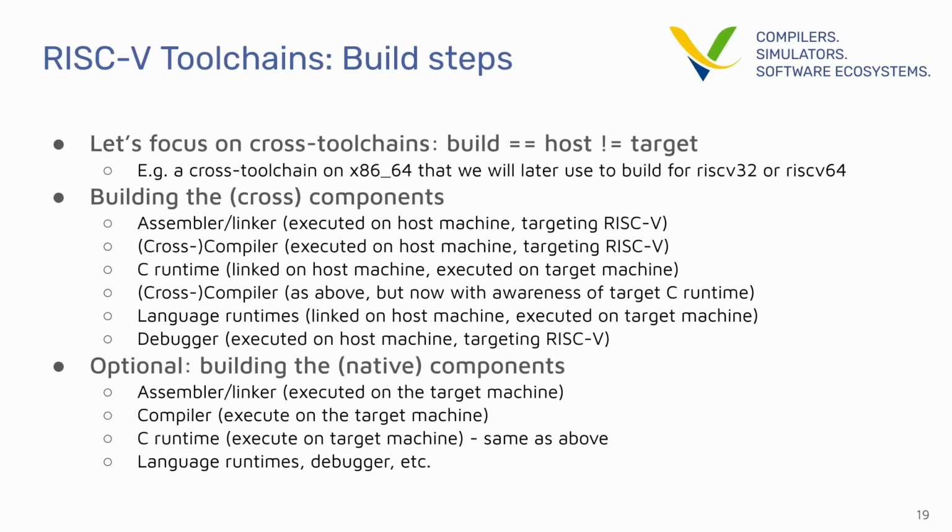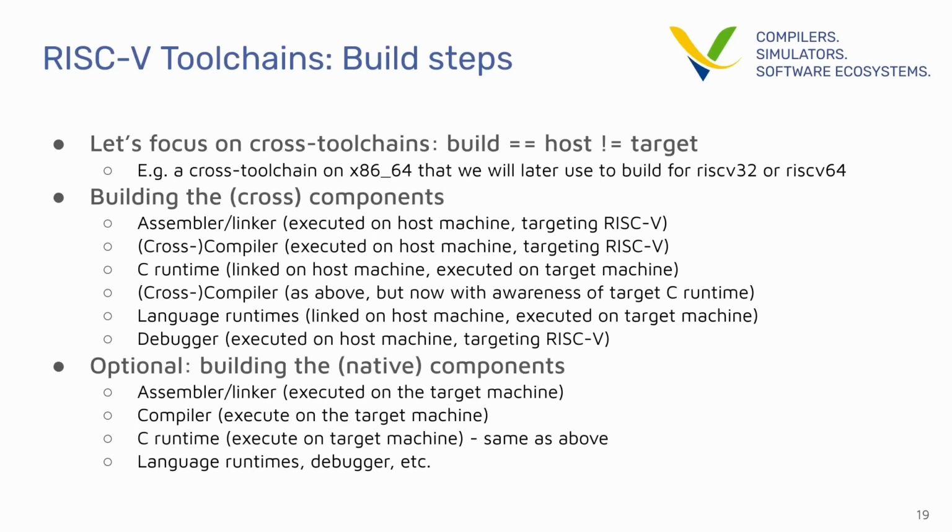First of all, we need to build the assembler and the linker. Both of them will be executed on the host machine, so on the x86 machine, but they will target the RISC-V specific code. Then we build a cross compiler, a limited cross compiler actually, which will also be executed on the host machine. With this cross compiler, we can build the C runtime.